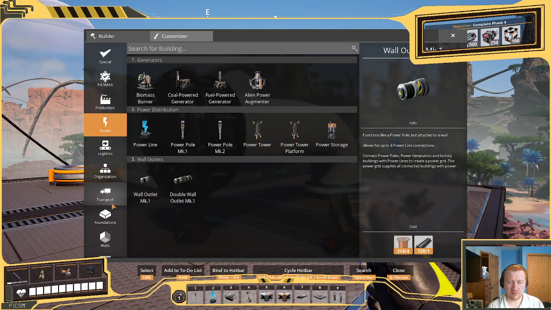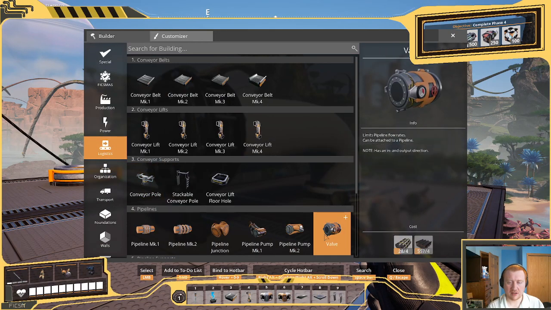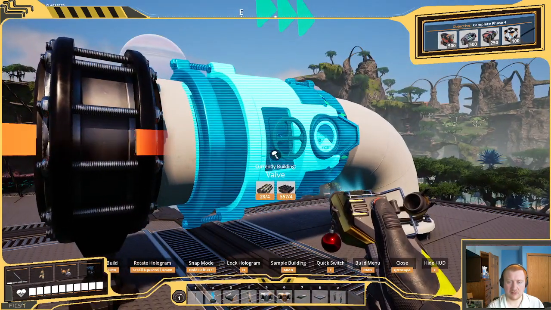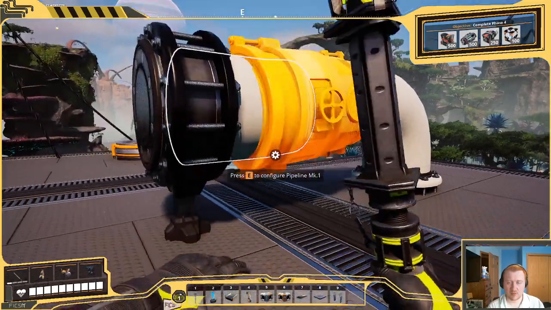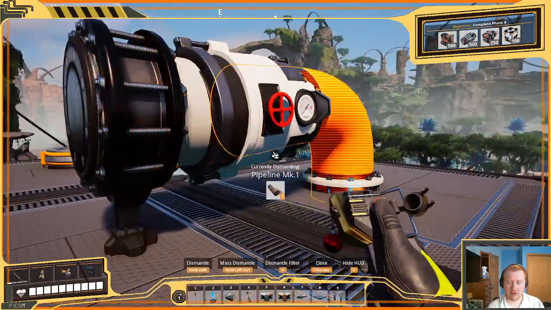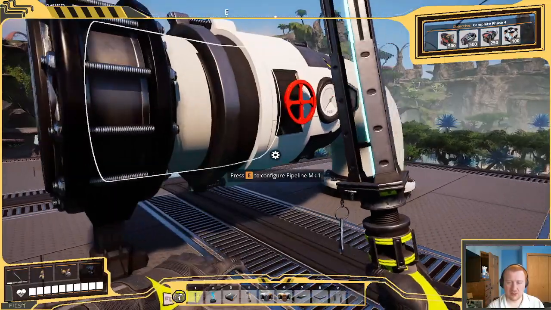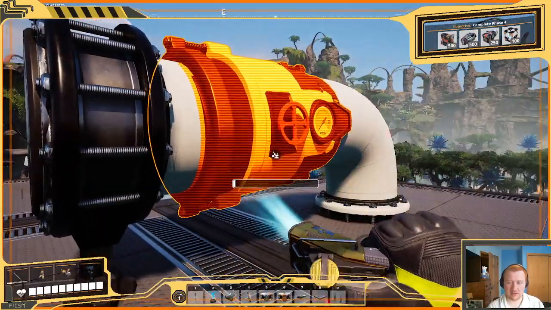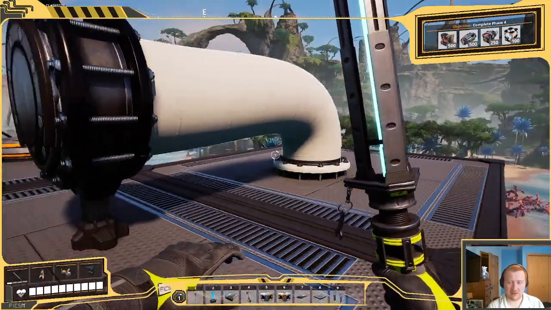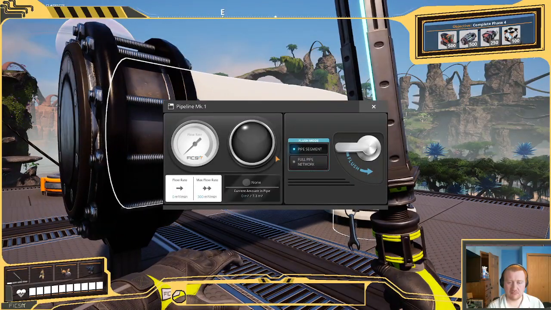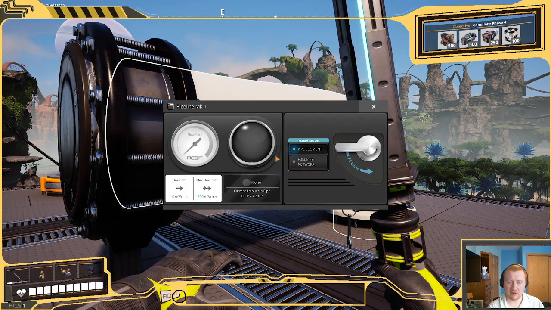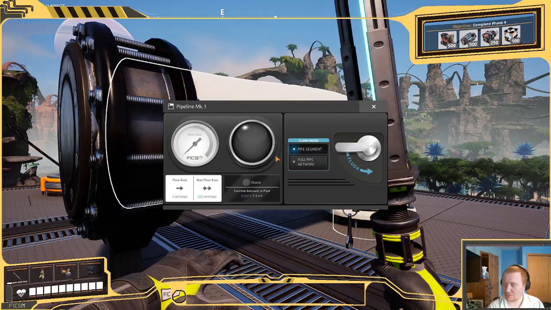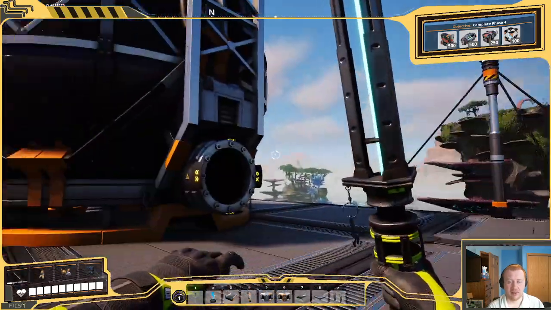Let me just put this valve back because I need it for what I'm going to explain. So on my output, I want to set this to, oh wait, oh sorry, I don't need the top valve because it's going to be maximum of 300 meters cubed per minute. Sorry, I'm having a hard time speaking.